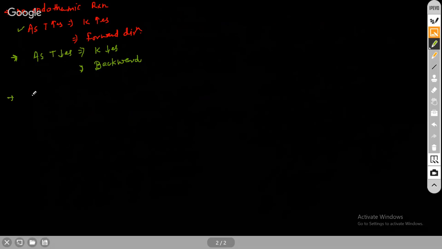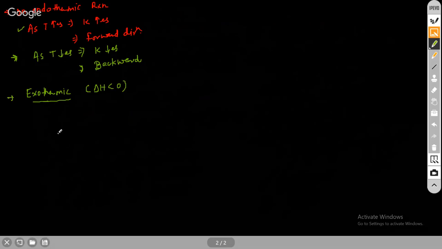Similar kinds of possibilities are also there in case of exothermic reaction. So exothermic reaction means what? Del H is less than 0. This is the difference. Okay.